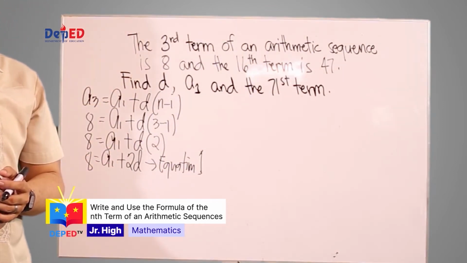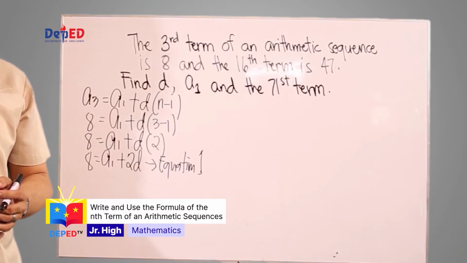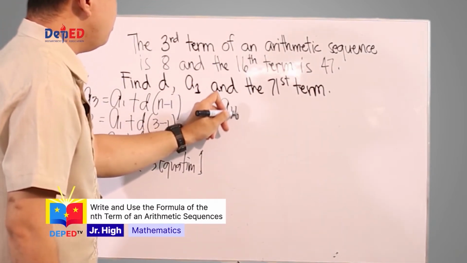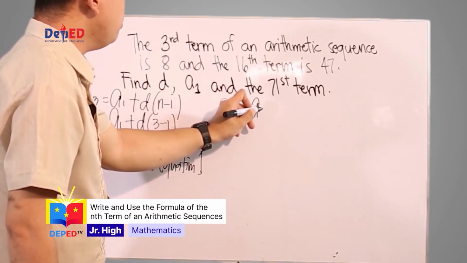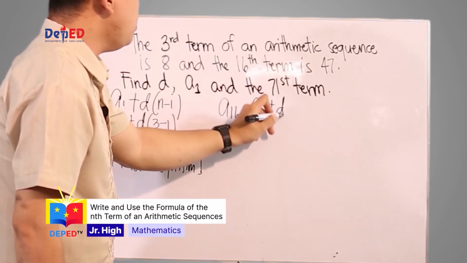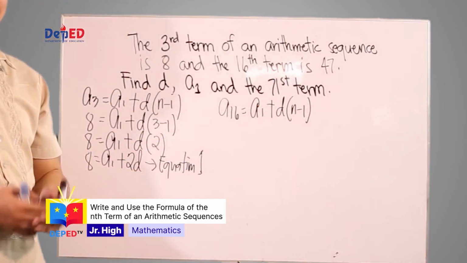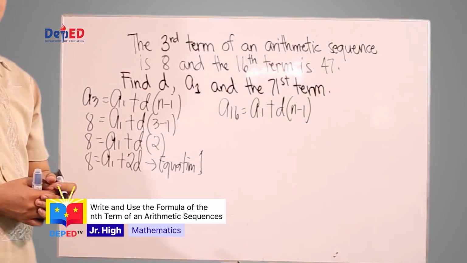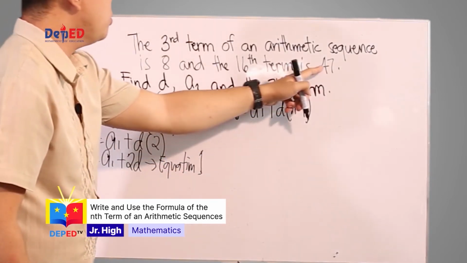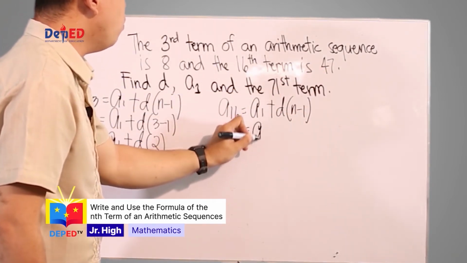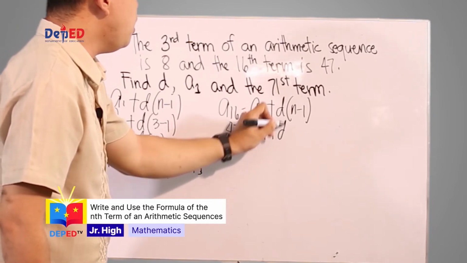Now, let's use the value for a sub 16. That's a sub 16 is equal to a sub 1 plus d times n minus 1. Next, substitute the value for a sub 16, that is 47 is equal to a sub 1 plus d.